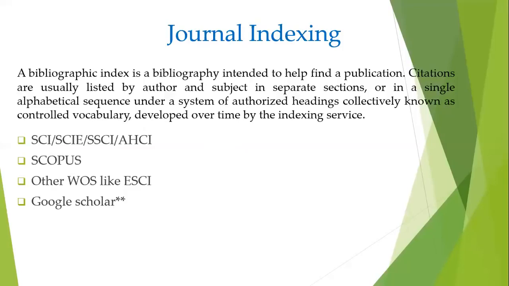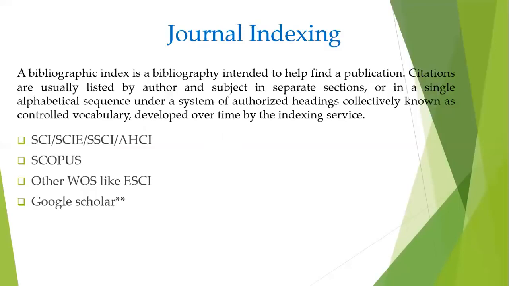The second criteria is that there are very specific lists like the SCI or the SCIE or the AHCI, where, once the quality criteria is met, the other criteria is that the journals should be from a particular domain.